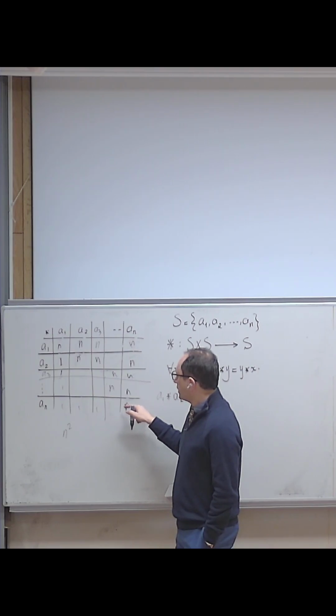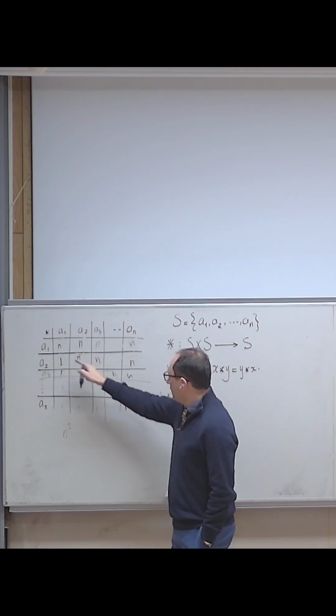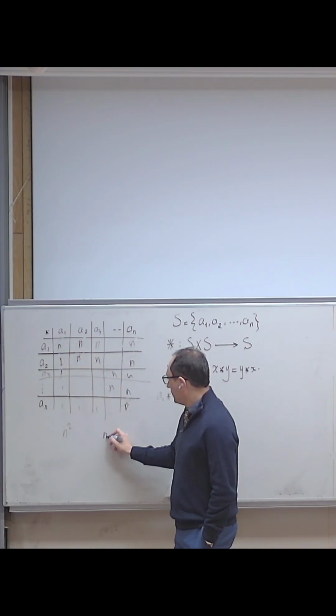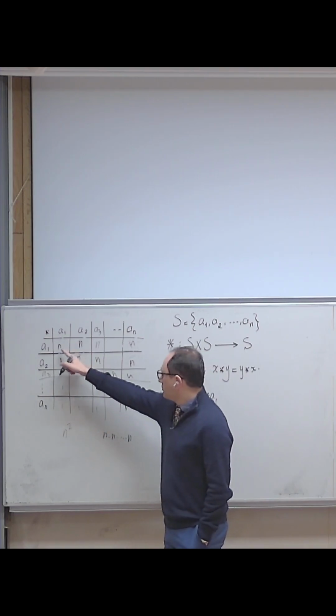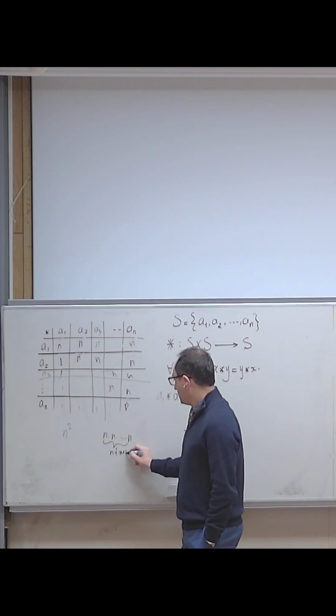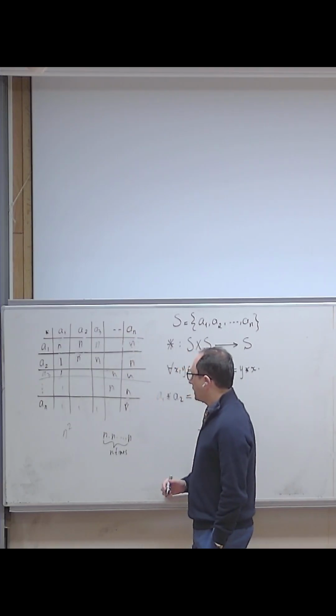So how many of them are n's? On the diagonal I have n n's, because I am multiplying these n's n times. And then I am multiplying the upper entries. How many upper entries are left?